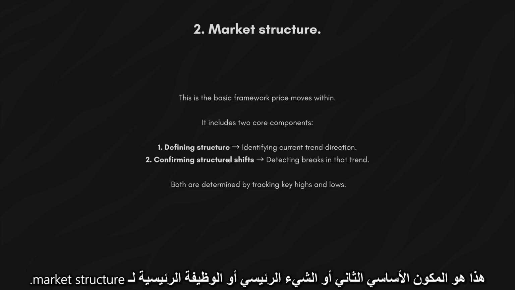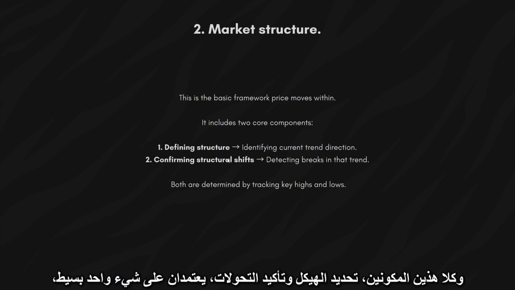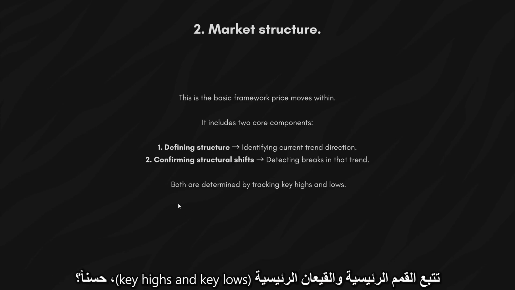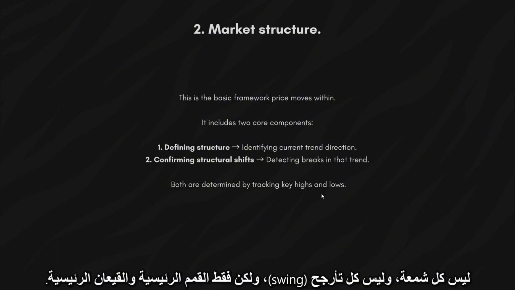That's the second core component of market structure. And both of these components, defining structure and confirming shifts, are based on one simple thing: tracking key highs and key lows, right? Not every candle, not every swing, but just key highs and key lows.